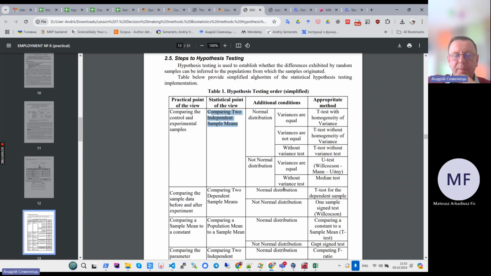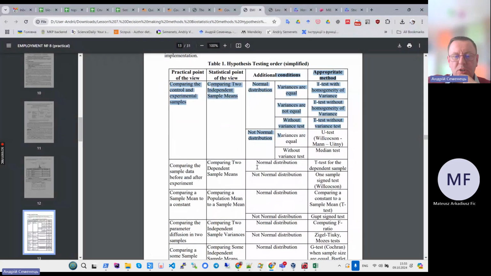The third column represents the necessary condition. Usually it is evaluation of the distribution type. So we just have to choose between parametric tests for normal data, if data is distributed according to the normal distribution, and non-parametric tests for other kinds of distribution or for nominal data.